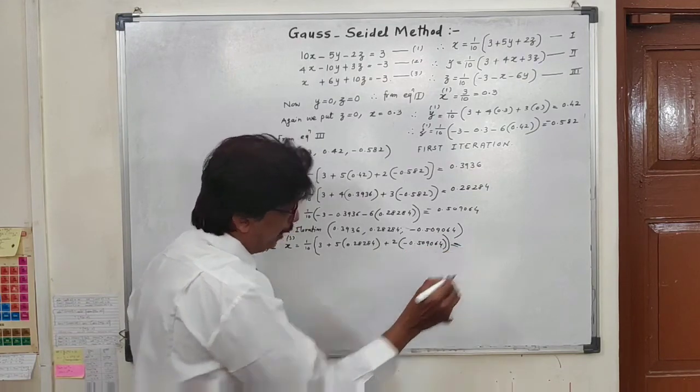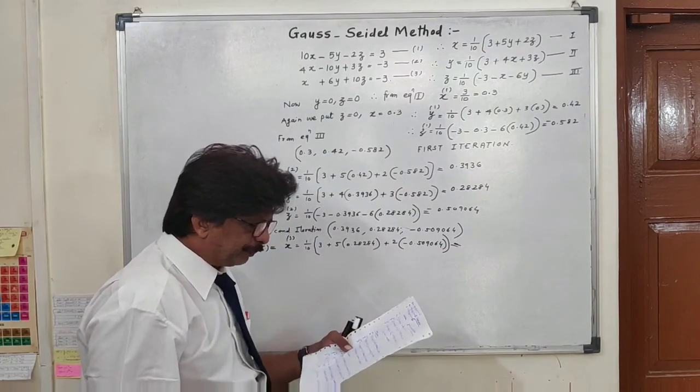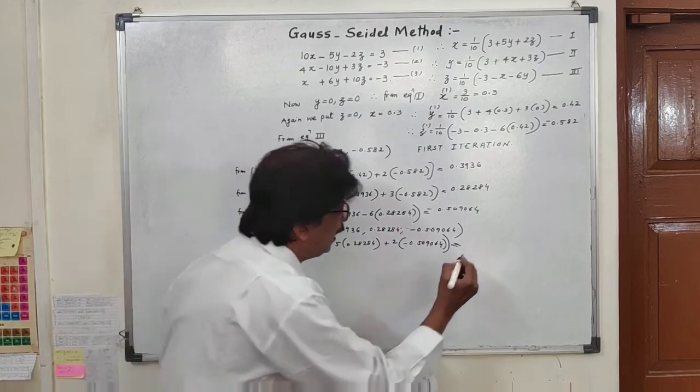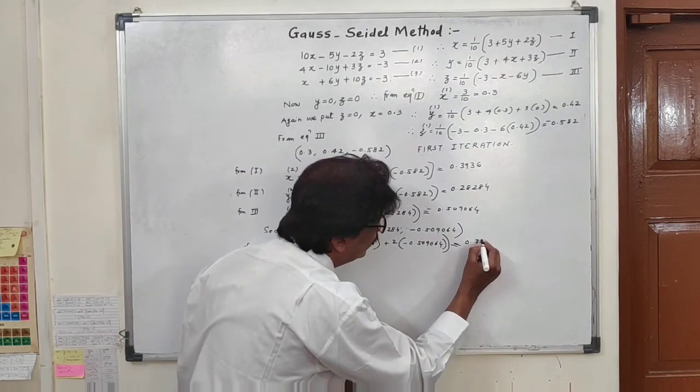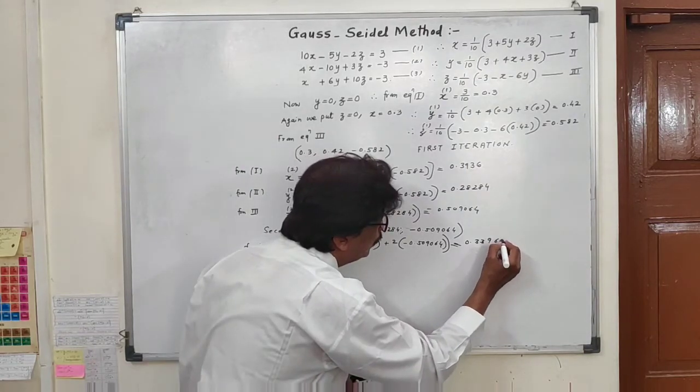So the third iterated value of x is 0.3396072.